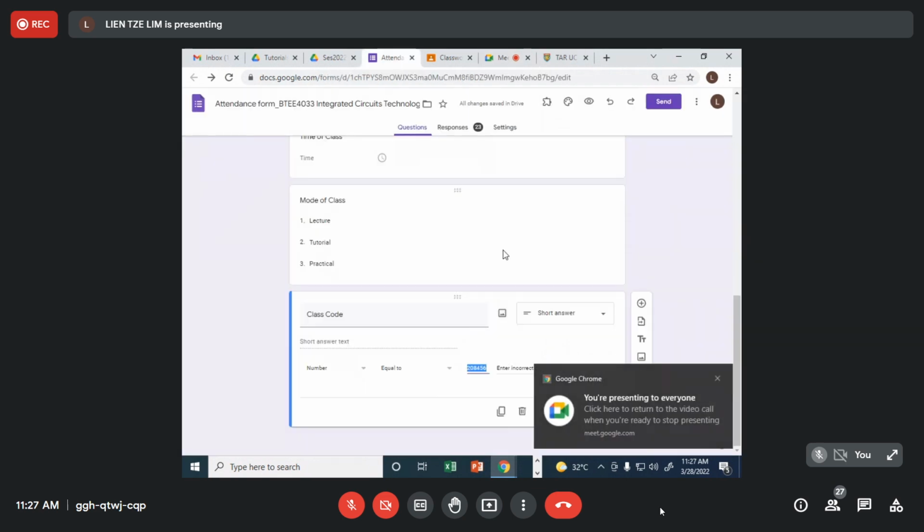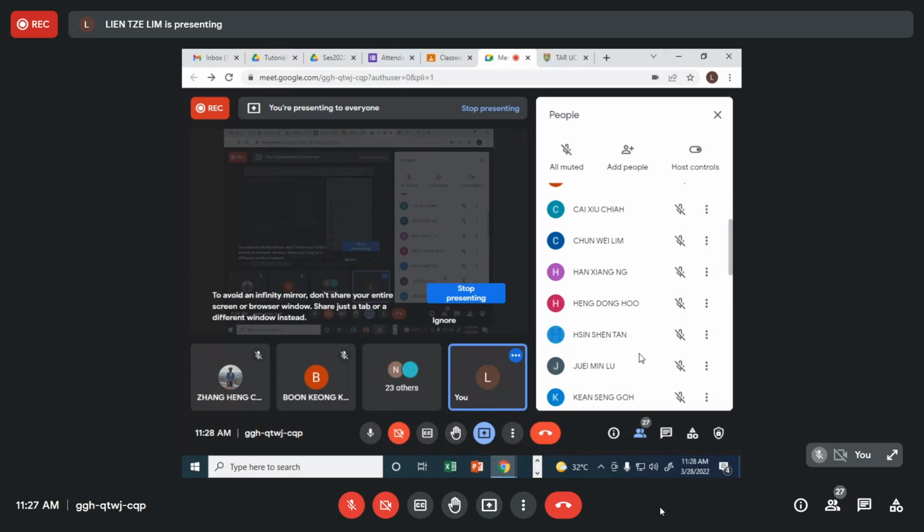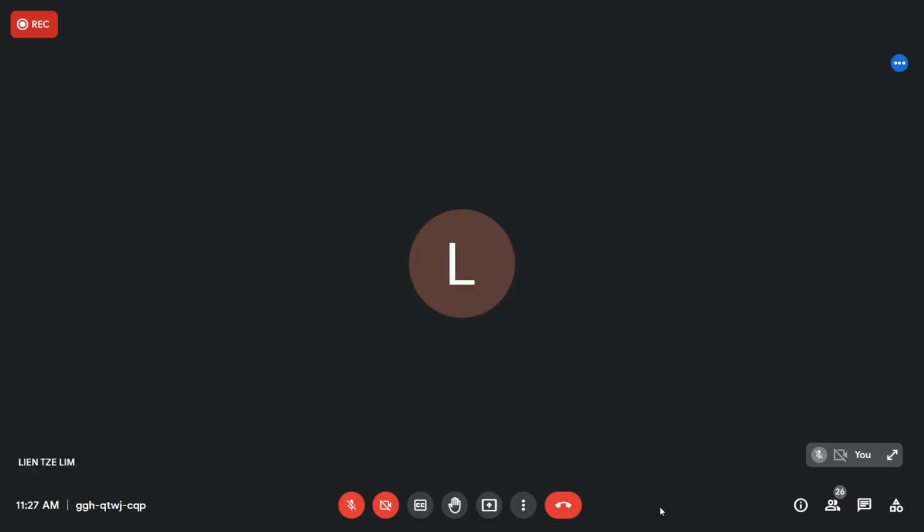The form I get is 23, which means one student hasn't filled up the form. Can anyone help to check?